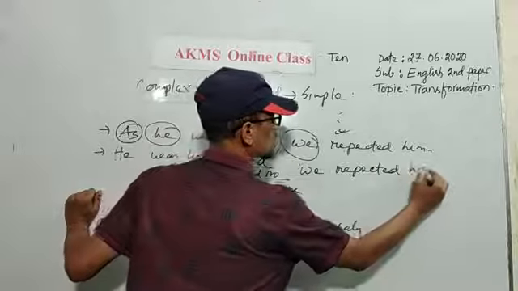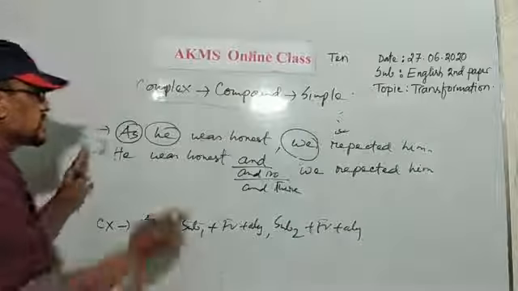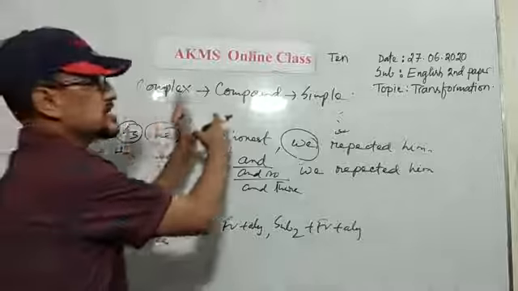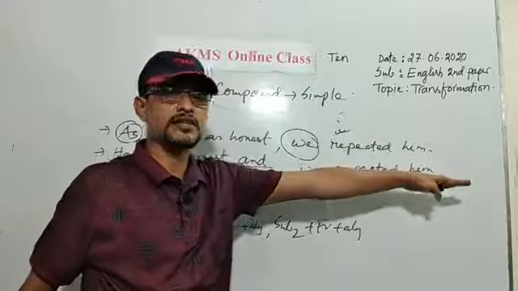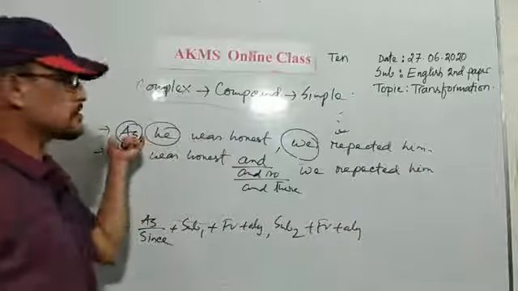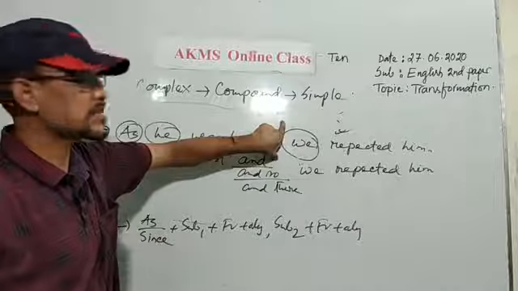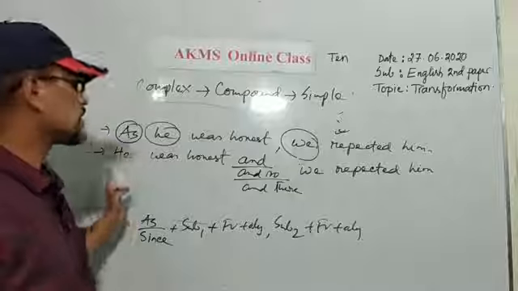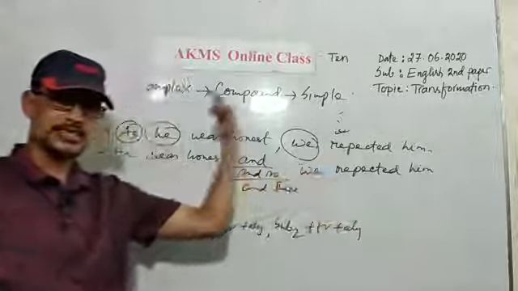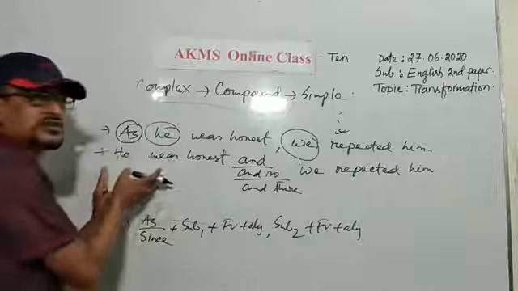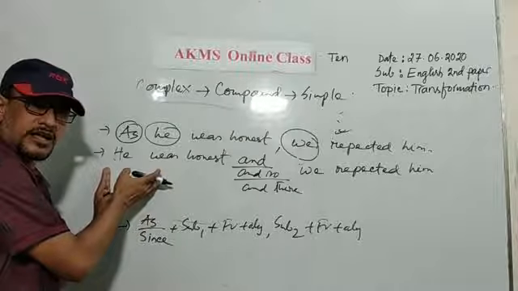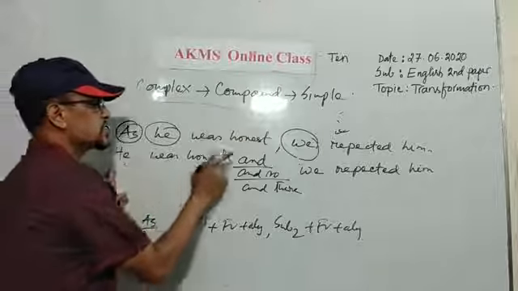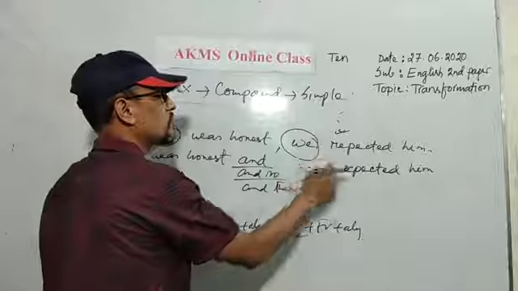If the clause is at the last part of the sentence and as is in the middle, whenever you are asked to transform it into a compound sentence, you should take the subordinate clause and write it at the very beginning of the sentence. He was honest and so, and therefore, we respected him.